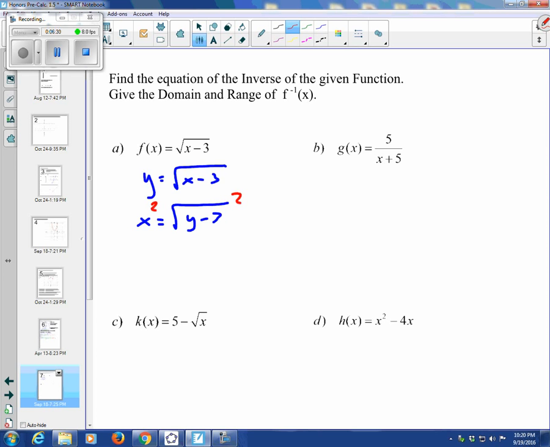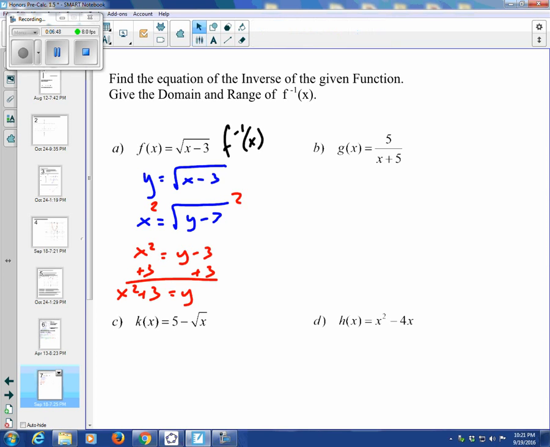So I square both sides, and that's going to give me x squared equals y minus 3, and then I add 3 to both sides, and that's going to give me y equals x squared plus 3. And that is going to be the inverse of my function, the square root of x minus 3. So x squared plus 3.